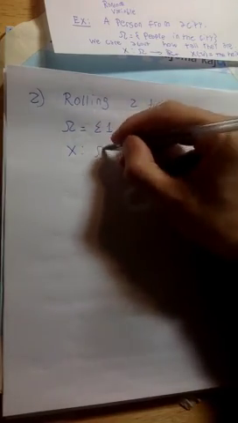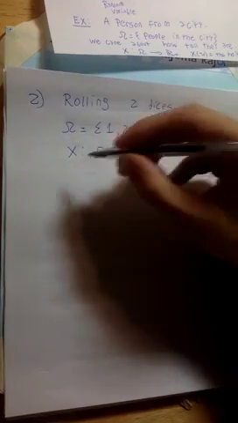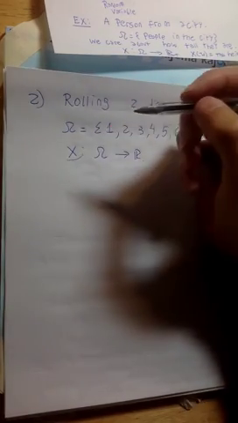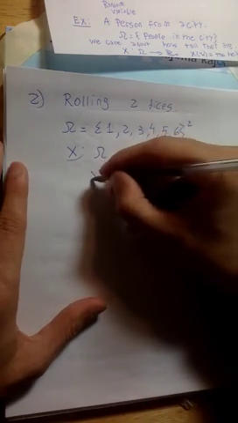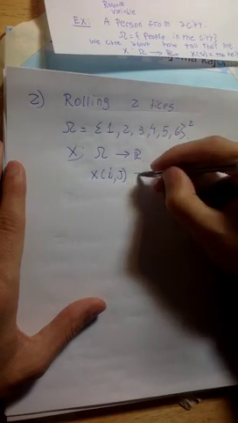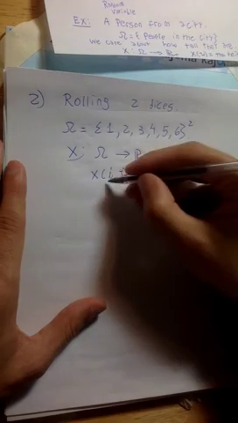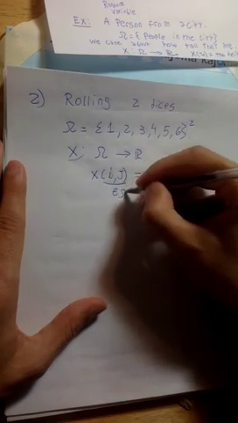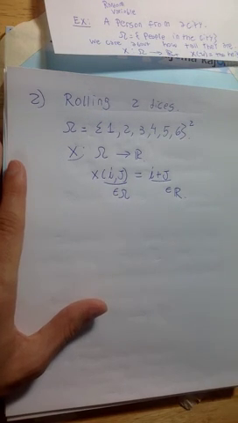So we are going to consider a function which is going from omega to R. Again, this is a random variable. X is our usual notation. And then what we want is that X of (i, j) is equal to i plus j. So (i, j) belongs to the sample space, and i plus j belongs to R.